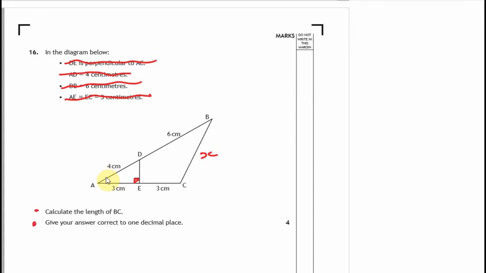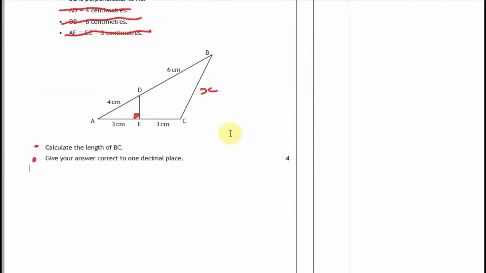Right, now let's have a think. What have we got here then? If I wanted to work out this, maybe I would look at one massive triangle. So what if I said this is the big triangle? I know that's 6, I know that's 10, and that's x. So 3 sides, I could do the cosine rule, because whenever I see 3 sides, I always think cosine rule.